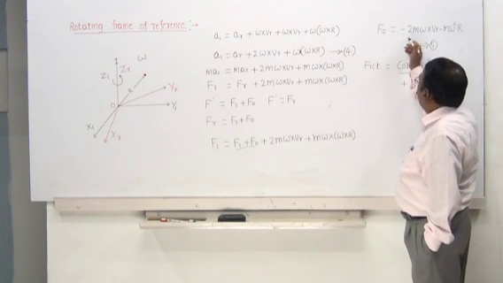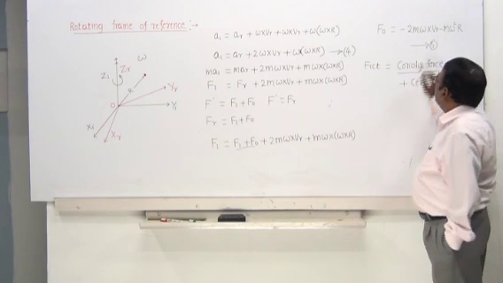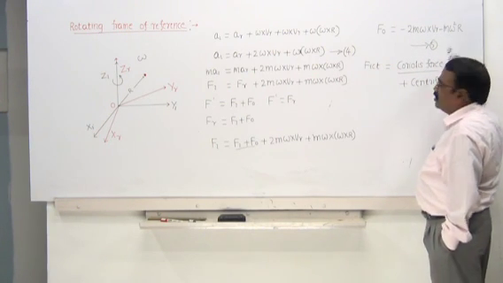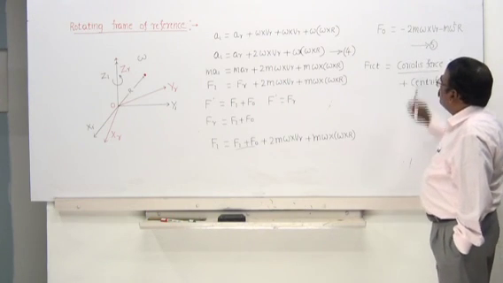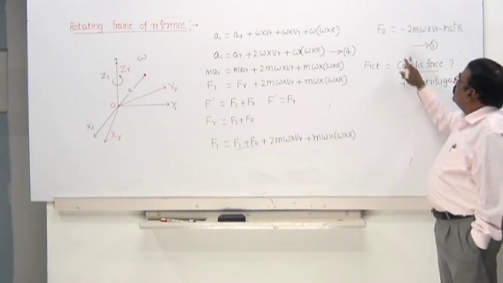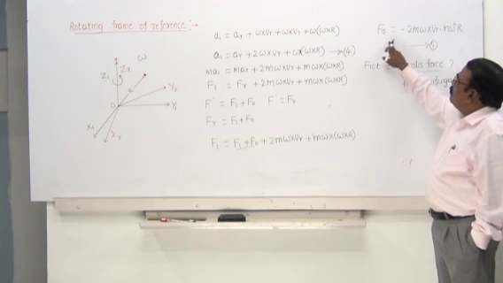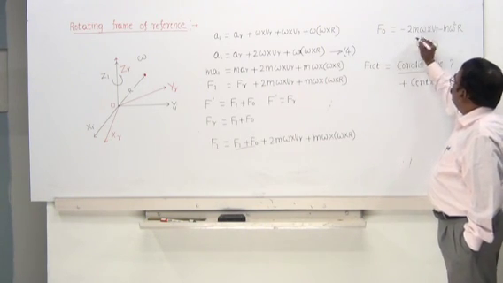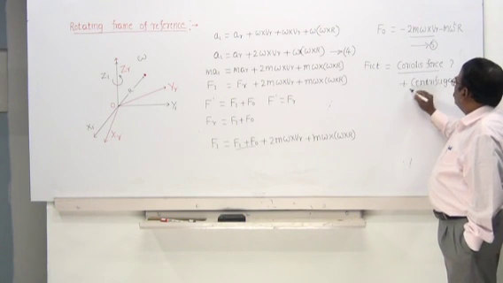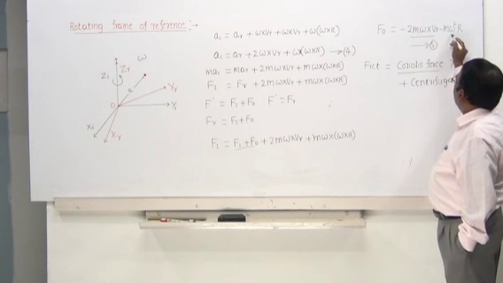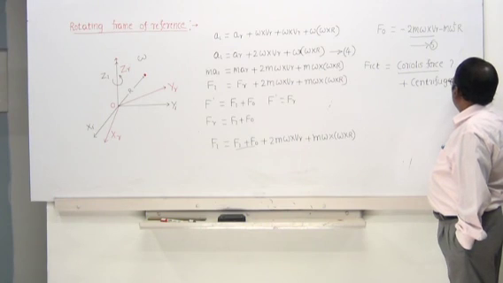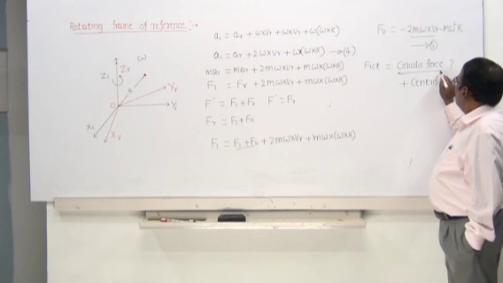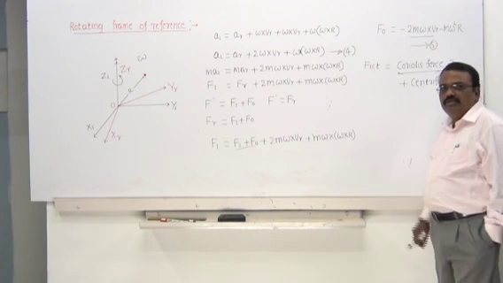Therefore, Fo is equal to minus 2m omega into Vr minus m omega square r. Call this equation 5. So in this equation 5, fictitious force is equal to Coriolis force plus centrifugal force. And lastly, we have to think about what this Coriolis force is.